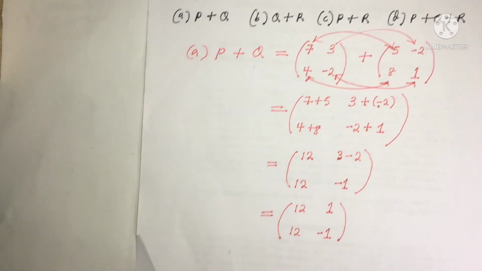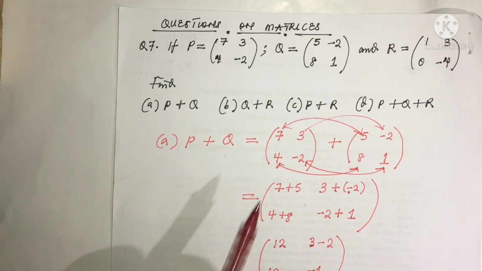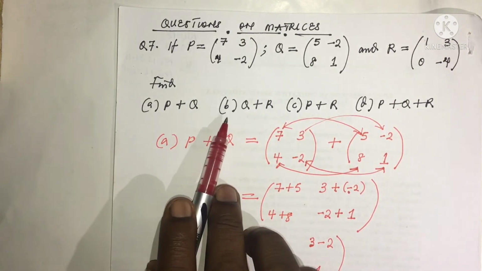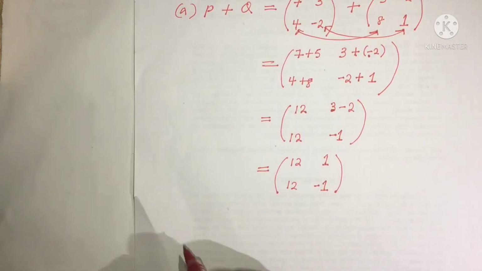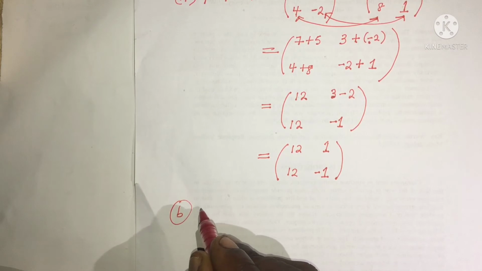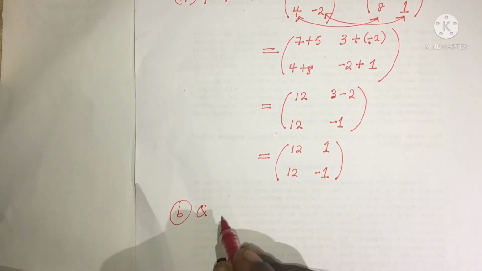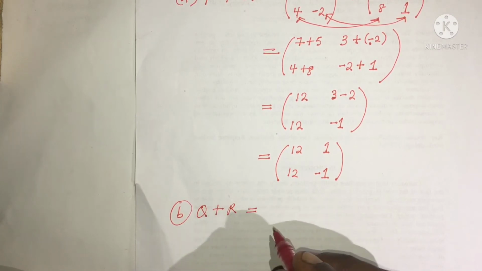Now, let's move over to Q plus R. The next problem we are required to solve is Q plus R. So I'm going to bring the matrix Q over here, the matrix for problem number B. Matrix Q comes here plus matrix R. So what is matrix Q?